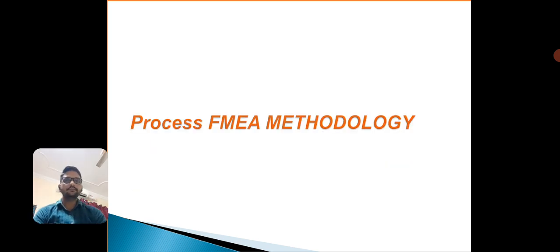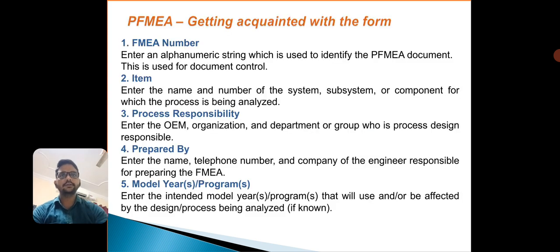They should have been part of the design FMEA. Next is the process FMEA methodology. What is the methodology? First is the FMEA number. The FMEA number is an alphanumeric string which is used to identify the FMEA document, and is also used for documentation control. Next is item.